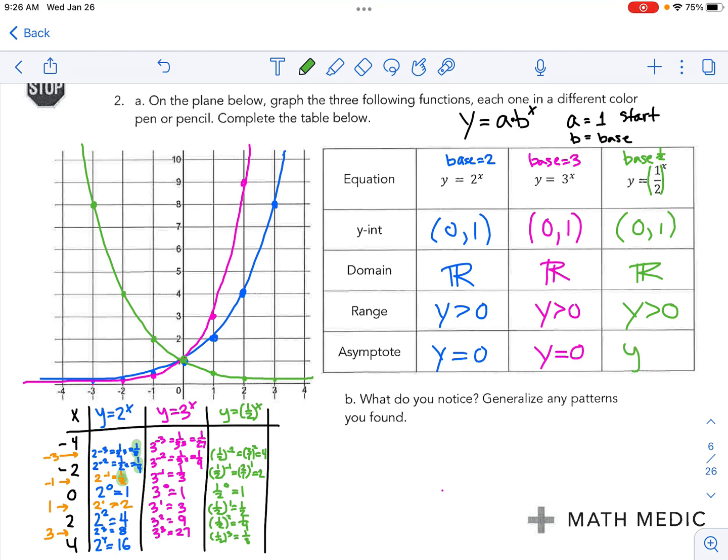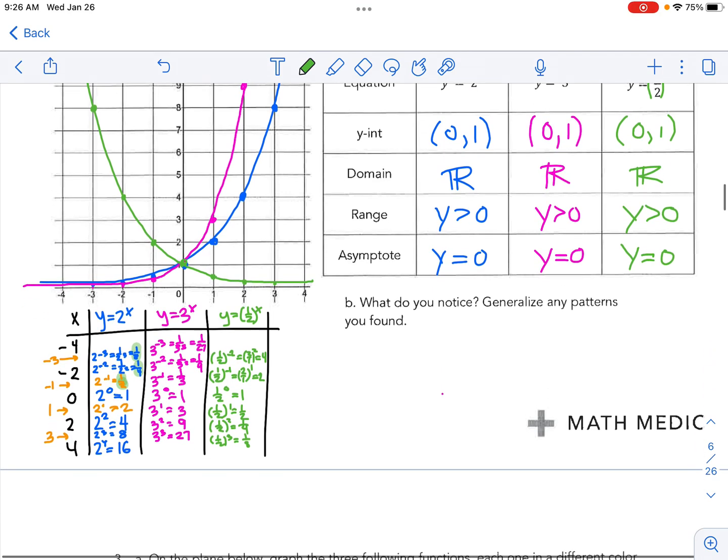So nothing else changes. All these charts on the bottom are all the same. Same intercept, same domain, same range, same asymptote. So we're just talking about really that base determining how fast this function grows as we move into the positive x values.